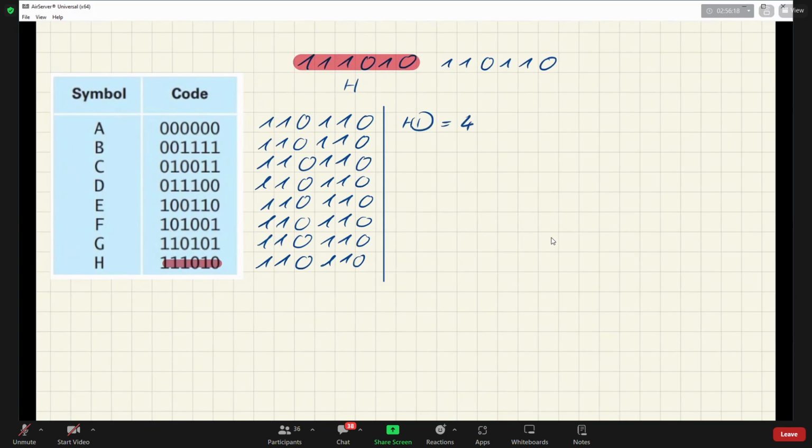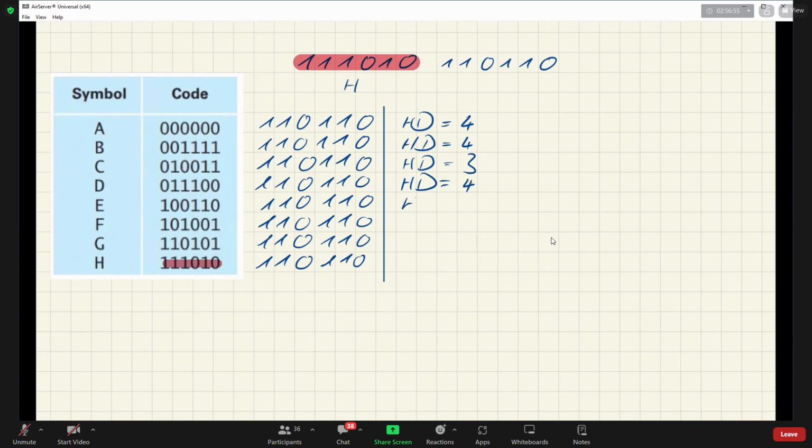Comparing with B, the Hamming distance is 1, 2, 3, 4 as well. Then with the next one, it's 3. Then here, the Hamming distance with D is 1, 2, 3, 4.